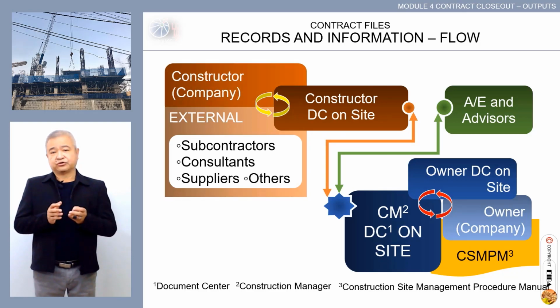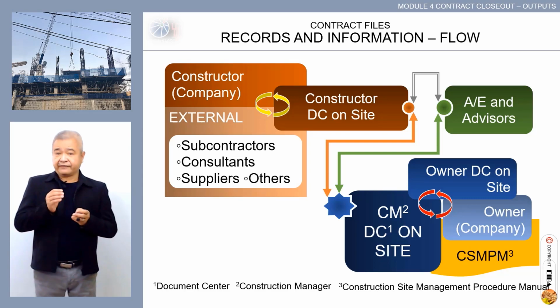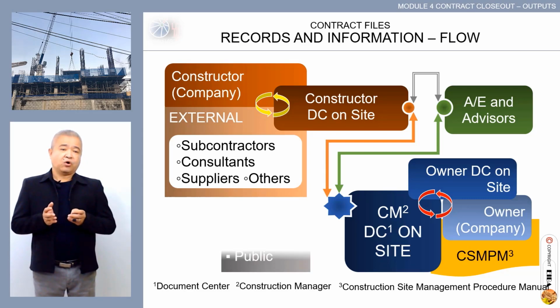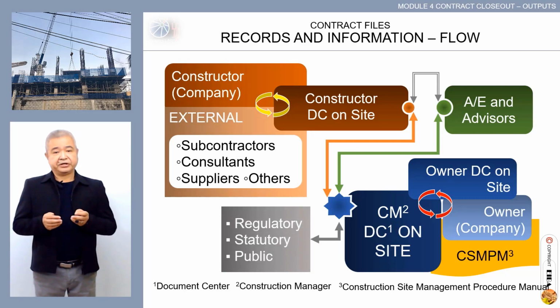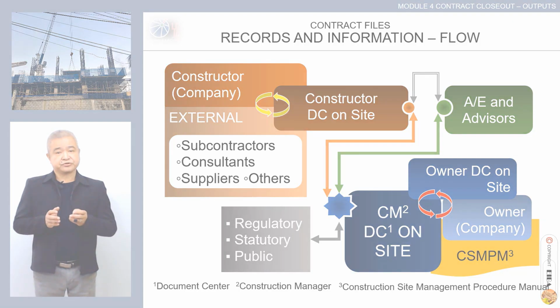Then to constructor's company. Architects, engineers, and advisor may exchange records and information with constructor's DC on site directly, but these are non-contractual communications. All regulatory, statutory, and public documents go directly to CMDC on site. This flow actually is described in the Site Procedures Manual.